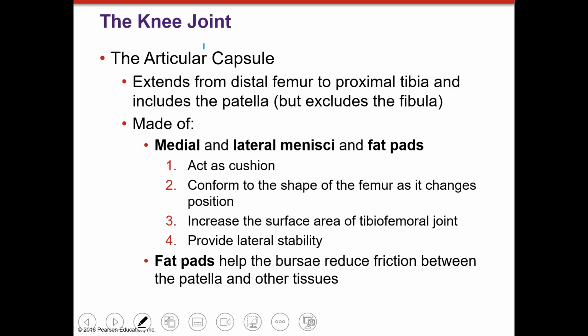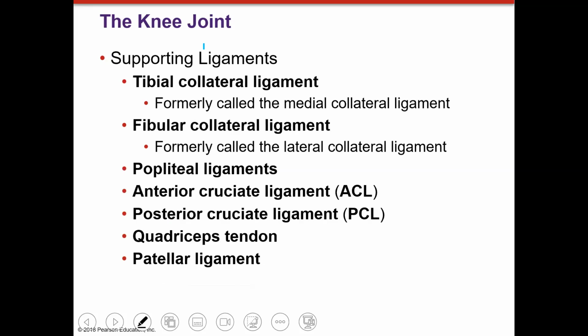So they act as a cushion, conform to the shape of the femur as it changes position, increase the surface area of the tibiofemoral joint from tibia to femur, and provide lateral stability for us. Fat pads help the bursa reduce friction between the patella and other tissues.